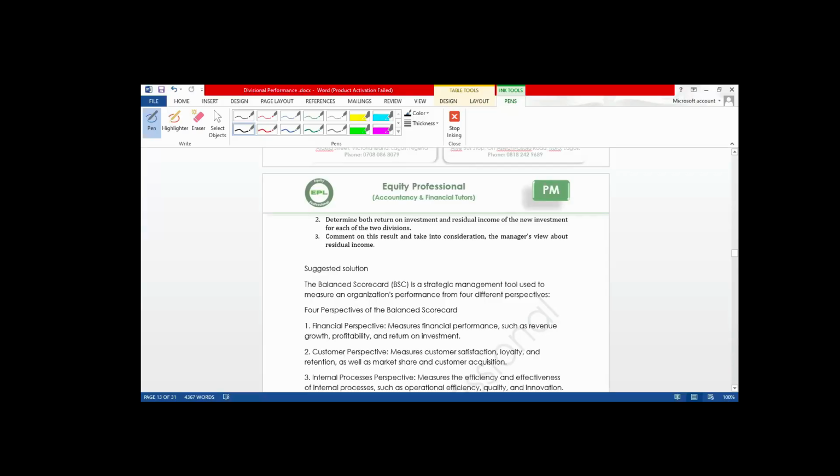An approach to performance evaluation that considers 4 different perspectives. What are these perspectives? 1, financial perspective. Financial perspective measures financial performance.